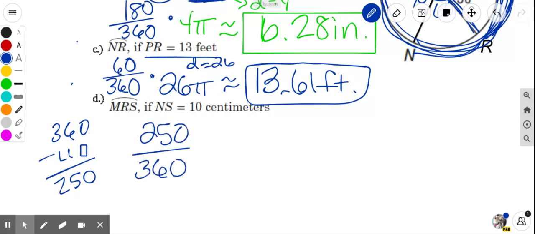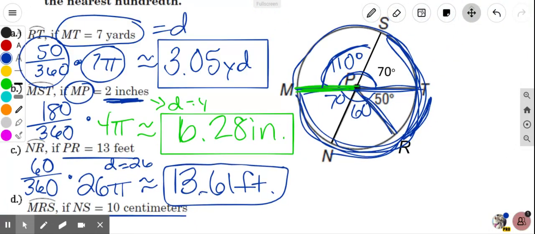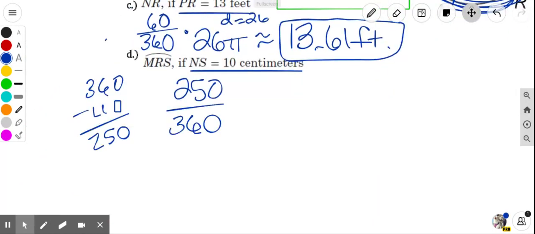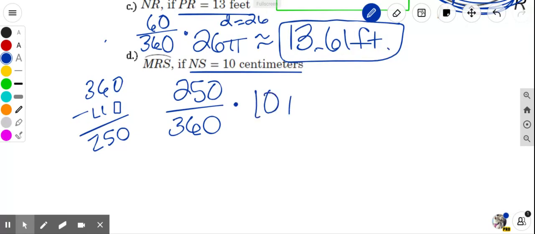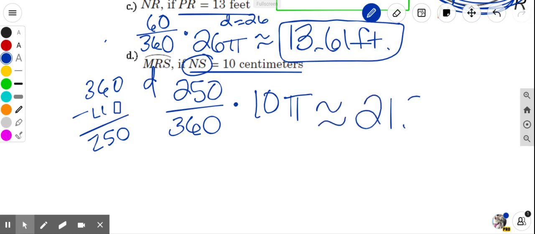And now we need to look back at the picture and see, is NS a diameter or a radius? NS is a diameter, so we don't have to double it or anything. So we can just do times 10 pi because NS is a diameter. And that one ends up being 21.82 centimeters.